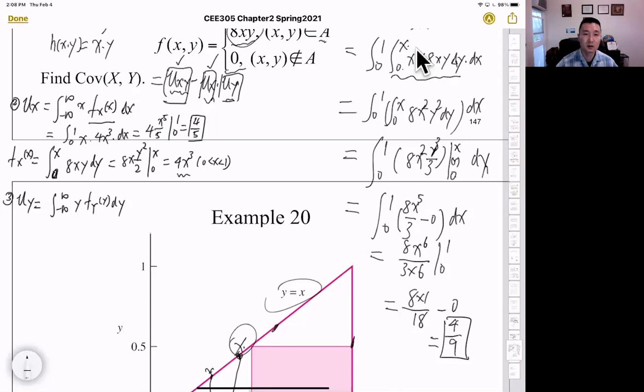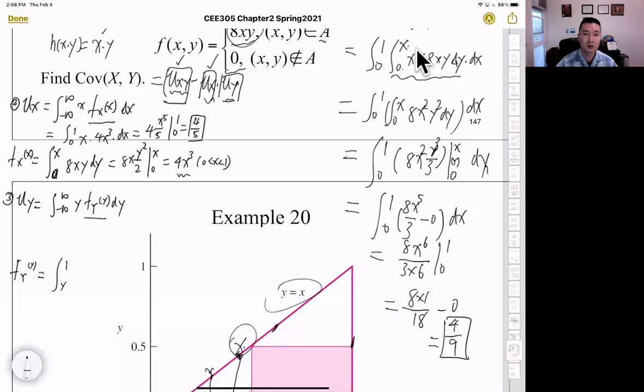And we need to find out f(y), which is the marginal function for y. So let's figure out f(y) first.